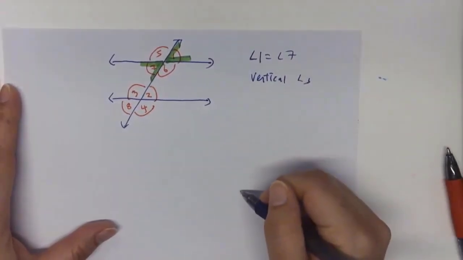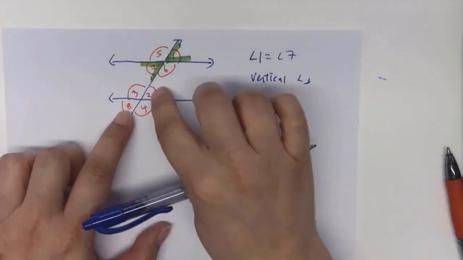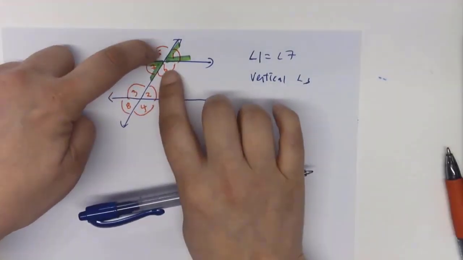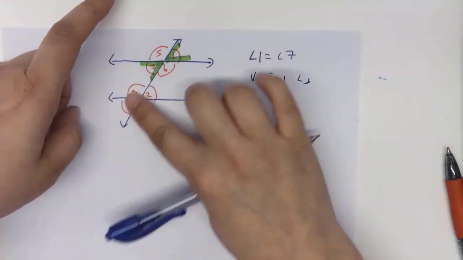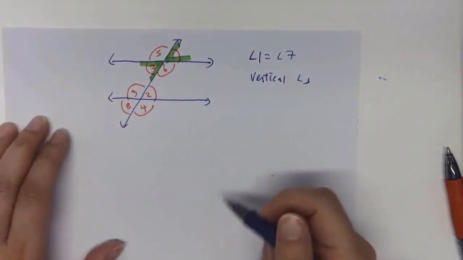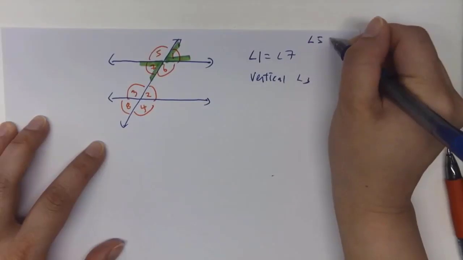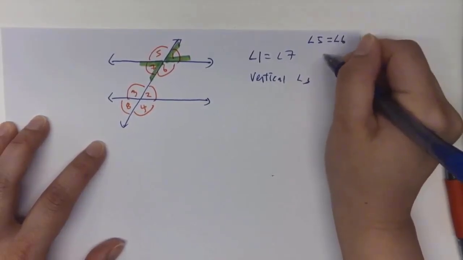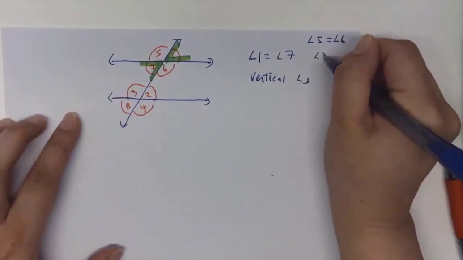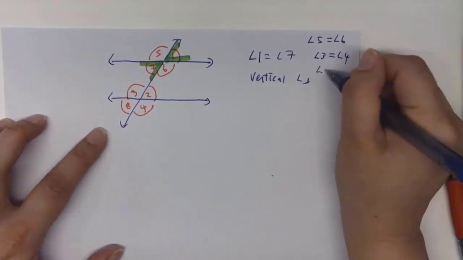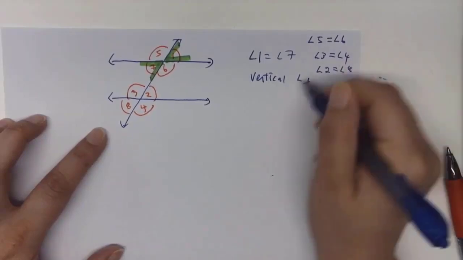All right. Can you give me another set of vertical angles? 2 and 8, 3 and 4. One more set. 5 and 6. So as long as they are on top of each other and share the two lines, they are vertical angles. So 1 and 7, also 5 and 6, also 3 and 4, and also 2 and 8. Are we okay?